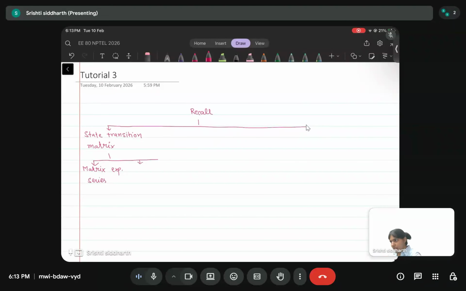Also calculated using the Laplace transform. Or using the process of factorization.